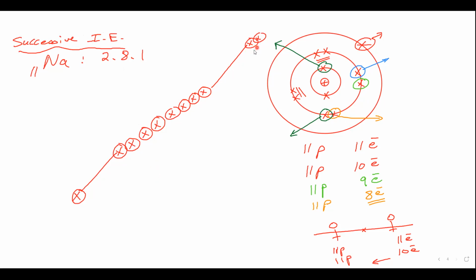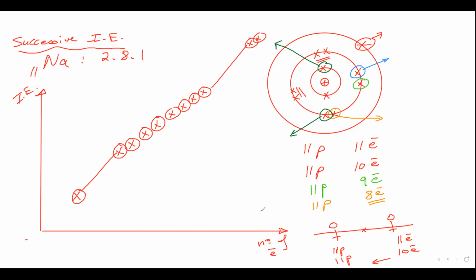And from this successive ionization energies, we can say that sodium atom is present in group number 1 from the number of energies. So here, if we draw the successive energies against the number of electrons to be removed, if this is the ionization energy against the number of electrons to be removed, we will see that we needed a certain amount of energy to remove the first electron, and then there was a jump.